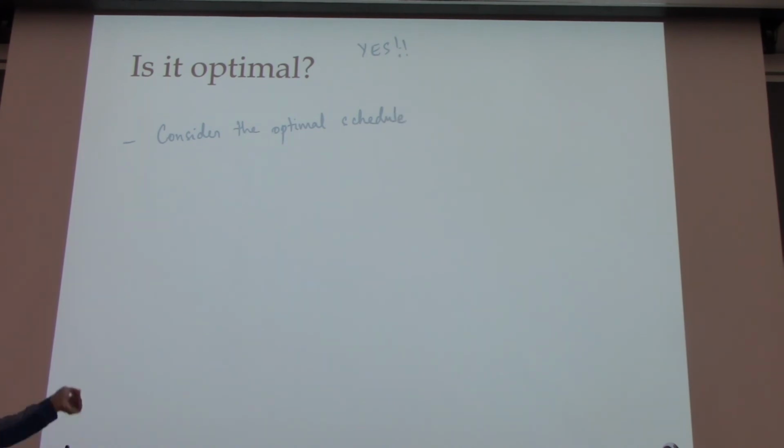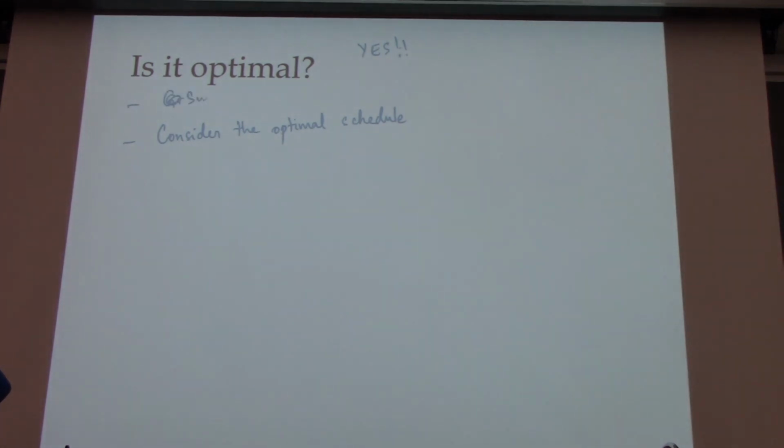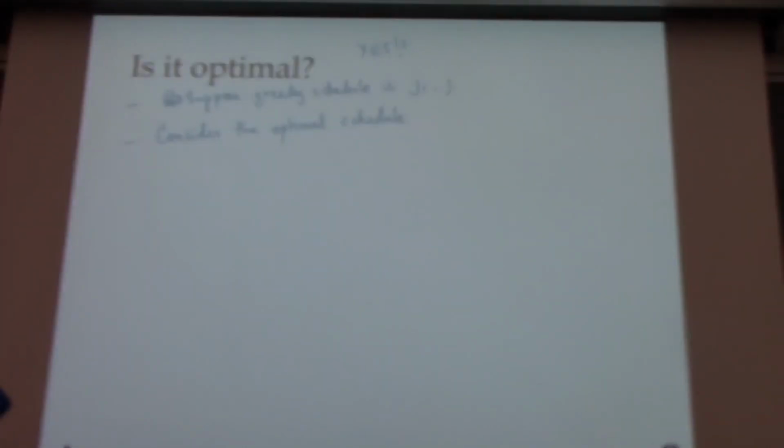I'm also going to make life simpler by saying that suppose the greedy schedule is job 1 followed by job 2 followed by job n.